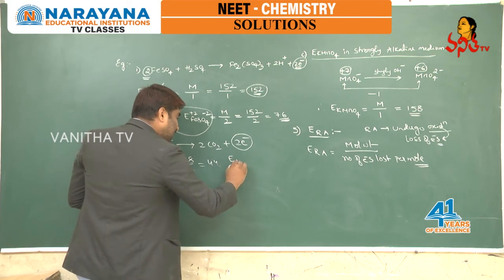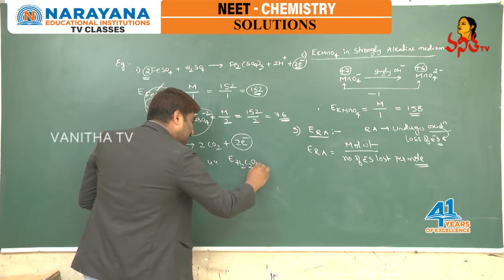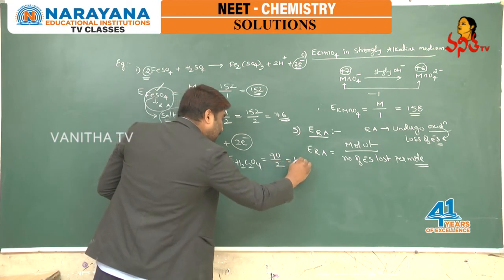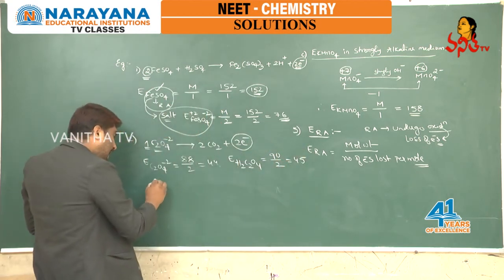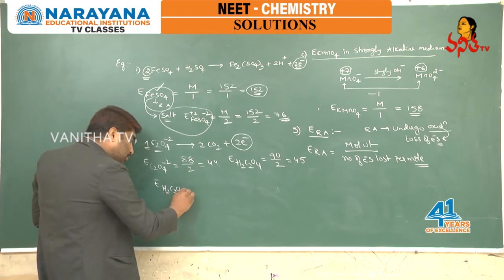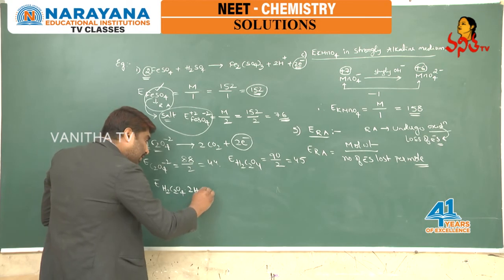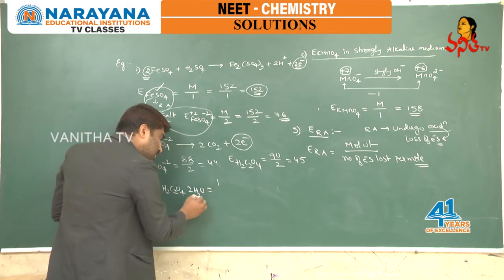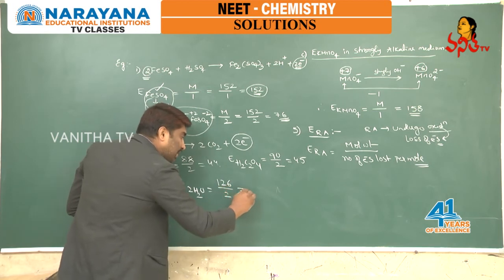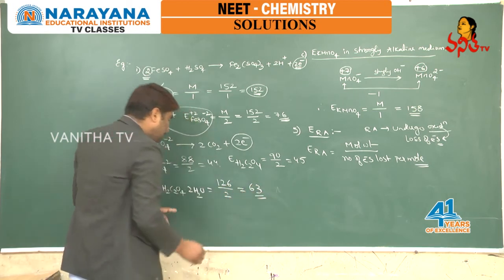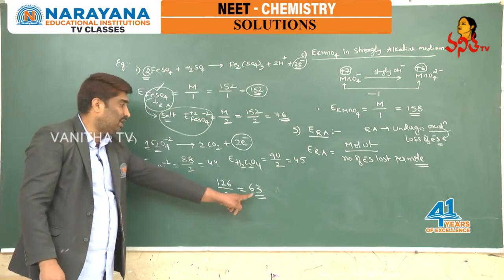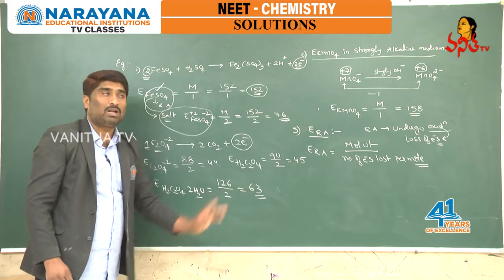If it is given as oxalic acid H2C2O4, 90 by 2, that is 45. If it is given as hydrated oxalic acid, H2C2O4 dot 2H2O, that is 90 plus 36 for 2 waters, 126 by 2, in such case it is 63. This is hydrated oxalic acid. Anhydrous is 90 by 2, 45.